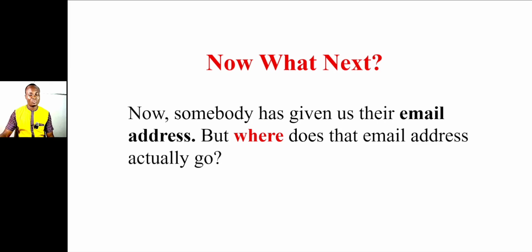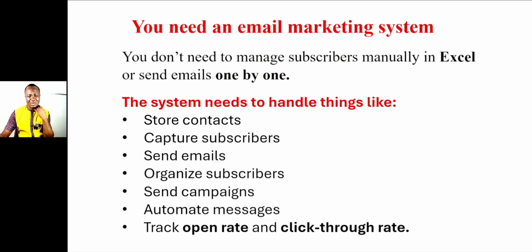So now, what's next? Somebody has given us their email address, but where does that email address actually go, right? Where does it go? It's an important question that you need to answer. And that is where you need an email marketing system.